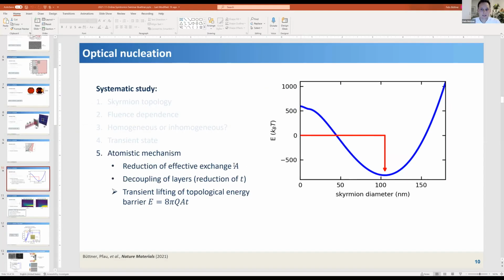If you write down the analytical expressions for all the energy terms, apart from the exchange energy they actually go to zero when the skyrmion diameter goes to zero. The exchange energy is the only term that remains finite. It remains finite because it has this gradient squared.